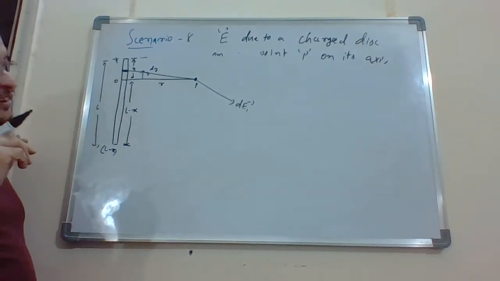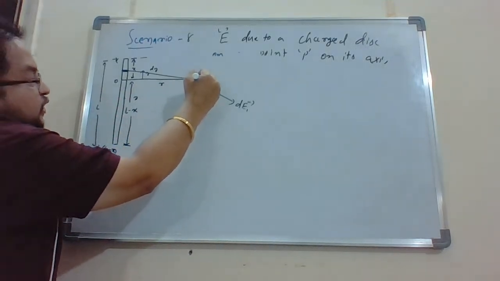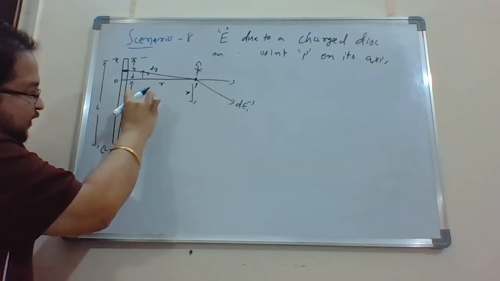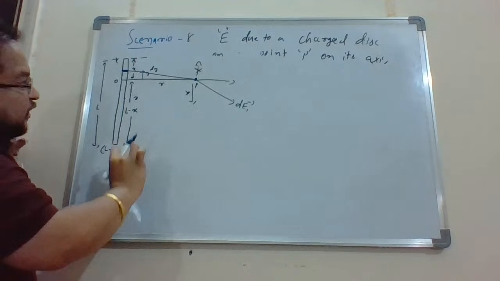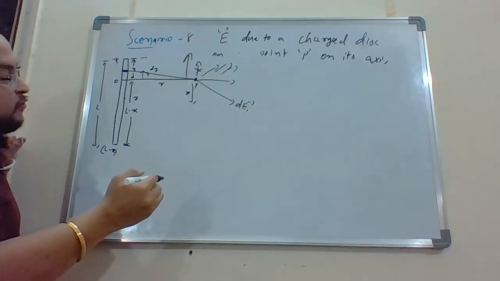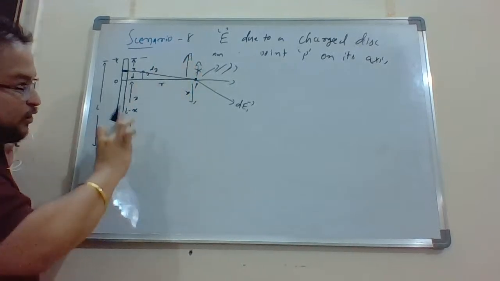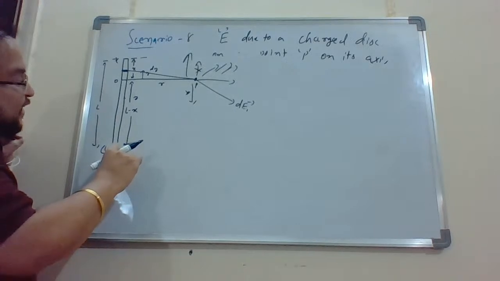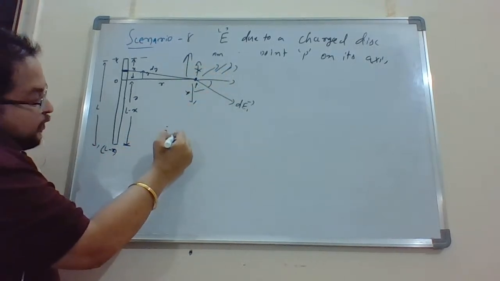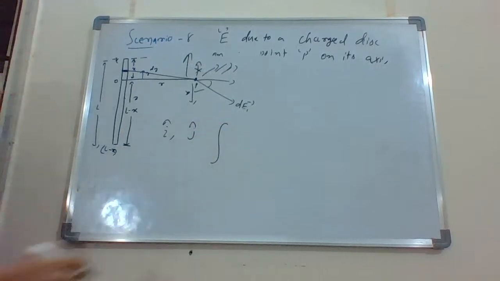At the same distance y, there would be something that nullifies this component, but you would have many more points which keep giving forces in this direction, with components along the vertical axis, and nothing on this side to cancel them out. So in this scenario the problem is tricky: for every single interval, we need to find dE and break it into i cap and j cap components, and only after vector addition and integration can it be found.